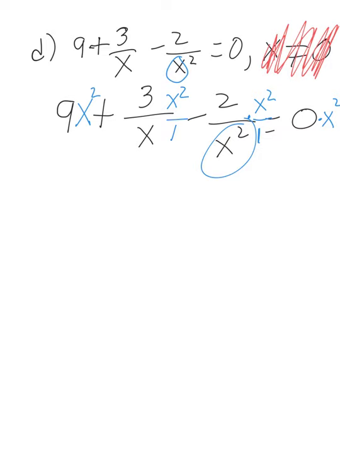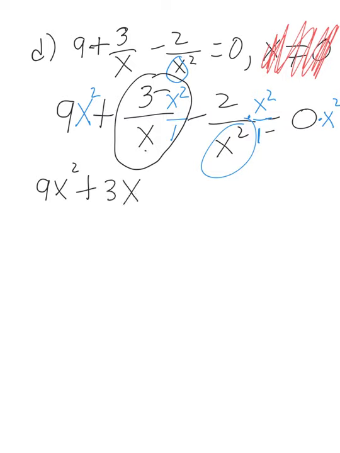It's going to get rid of the x's that are on the bottom of these fractions. So now, if I rewrite what we now have, 9 times x squared plus 3x squared over x, which is just 3x when that's all said and done and simplified.